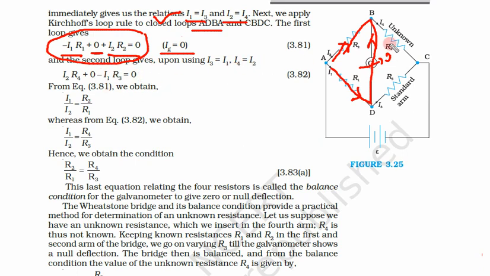Now similarly, let us take the second loop. What is the second loop? The second loop is this and this. In the first case, the current is in the opposite direction, that means positive.